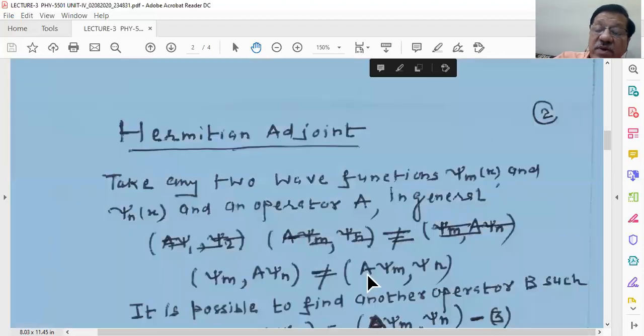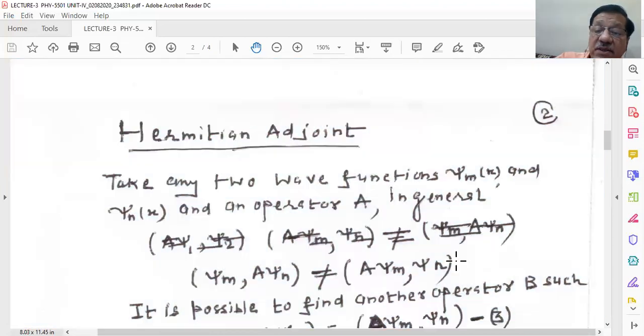If A had been a Hermitian operator, then an equality sign would appear. Because here I have considered an ordinary operator, these scalar products are not equal.